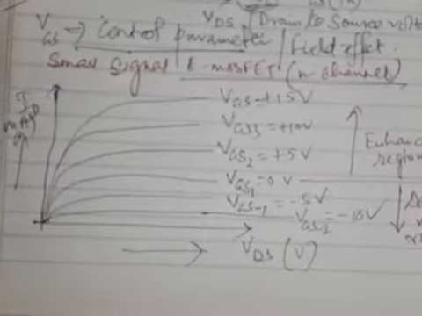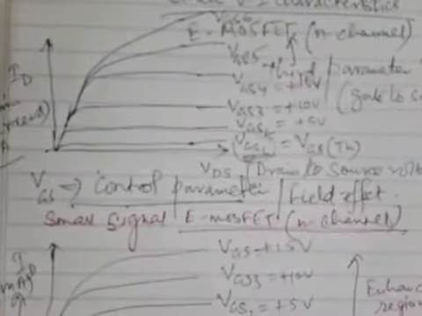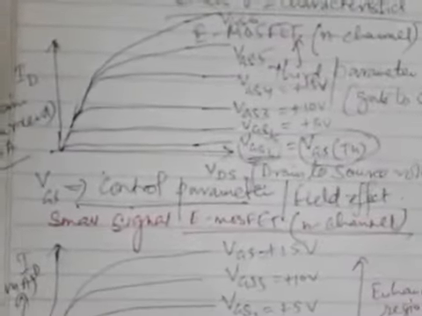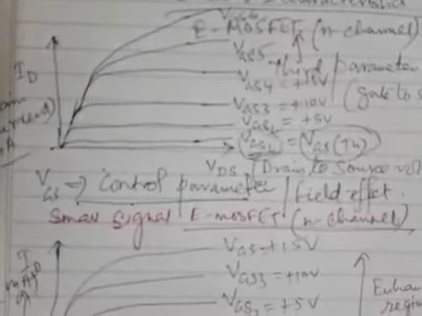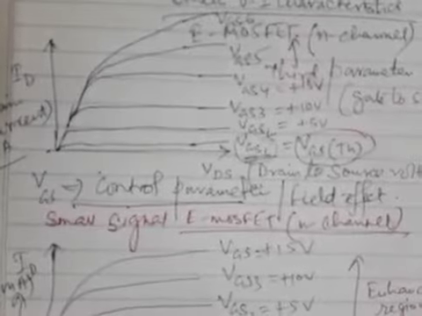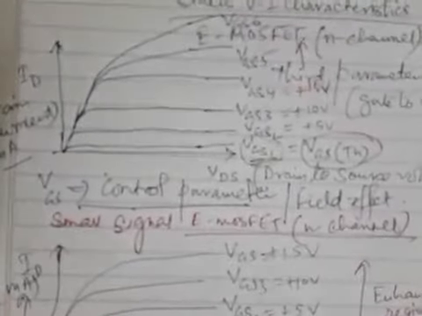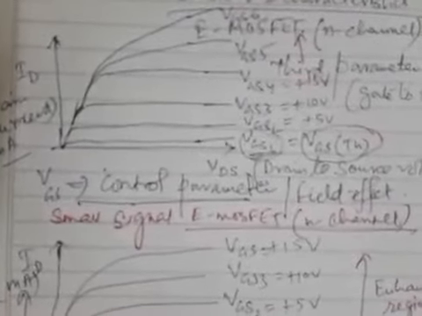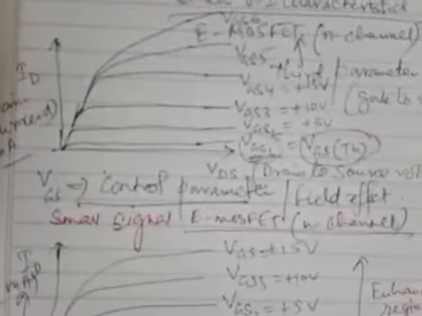Now let us go back to this value of VGS TH, that is the VGS threshold value, that is the minimum value for conduction by the channel. So considering this VGS threshold value, considering this curve VGS1, we can say that when the input voltage between gate to source is less than this VGS threshold value, the drain current is approximately 0.